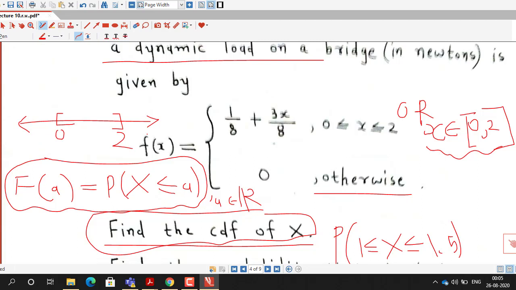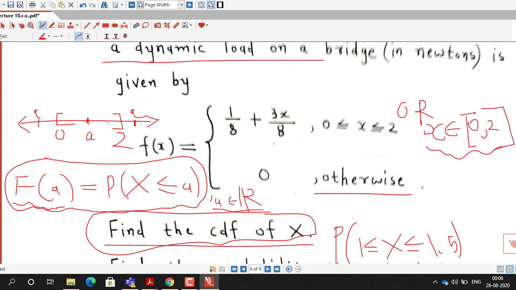Now if we want to find out the value of the CDF at any real number a, there are three possibilities. Either the number a lies in between 0 and 2, or it is outside this interval: it can be on the right hand side of 2, or on the left hand side of 0.